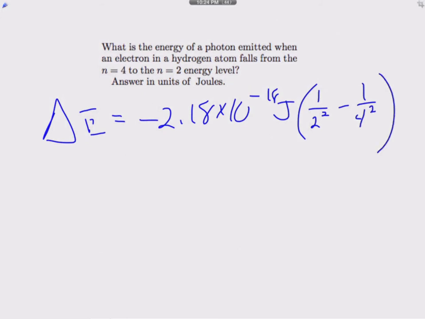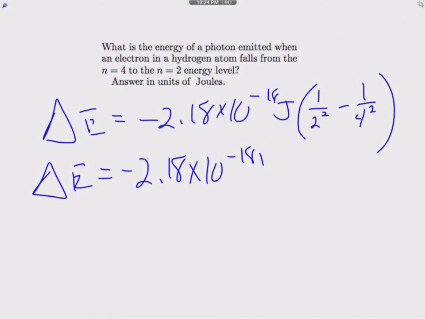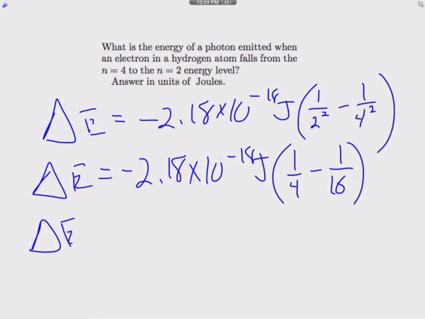And when we do that out, we've got energy equals negative 2.18 times 10 to the negative 18th joules times 1/4 minus 1/16, and we do that out, and we end up with 4.09 times 10 to the negative 19th joules.